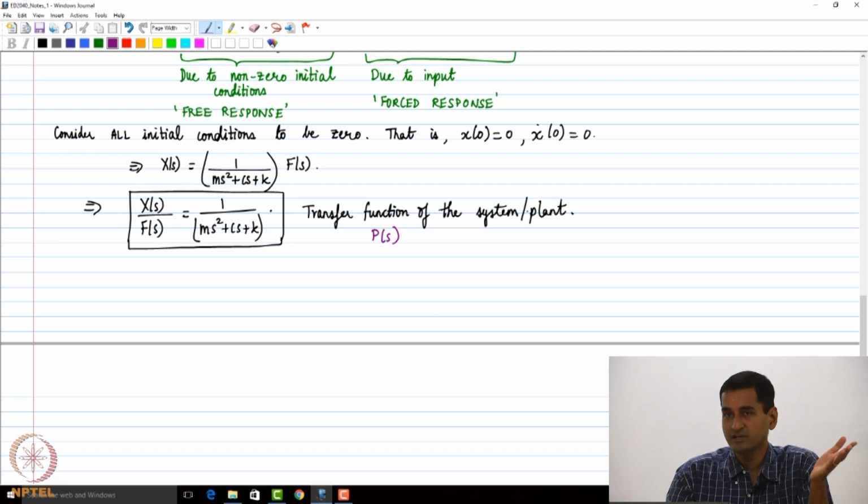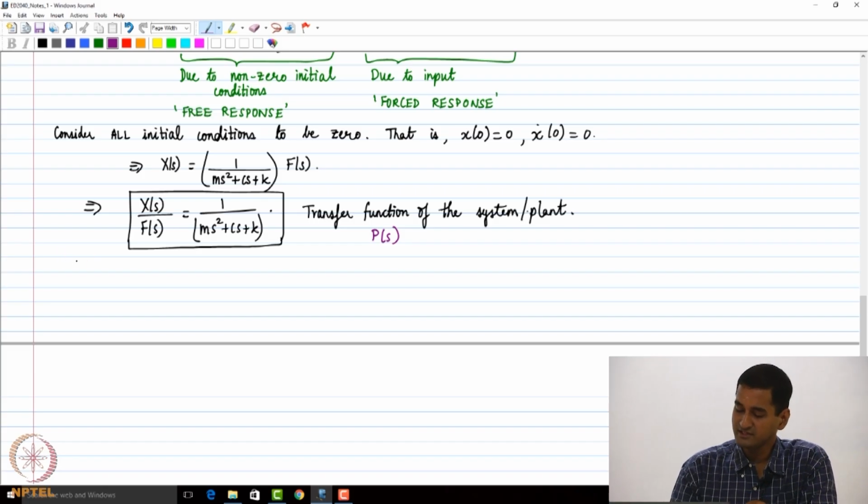Then we cross multiplied. We took the ratio of the Laplace of the output to the Laplace of the input. And whatever function in s that we got as a result is what is called the transfer function of the system or the plant, which we are going to denote by P of s.